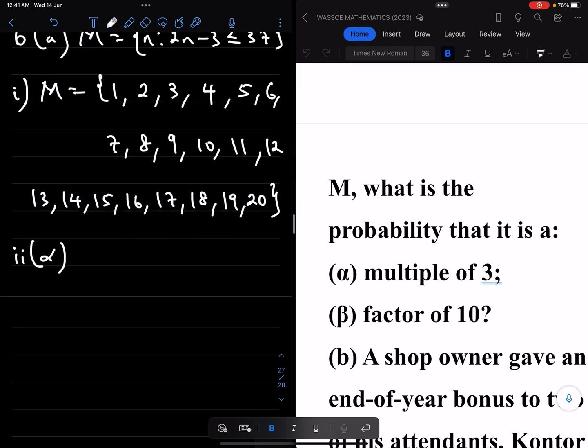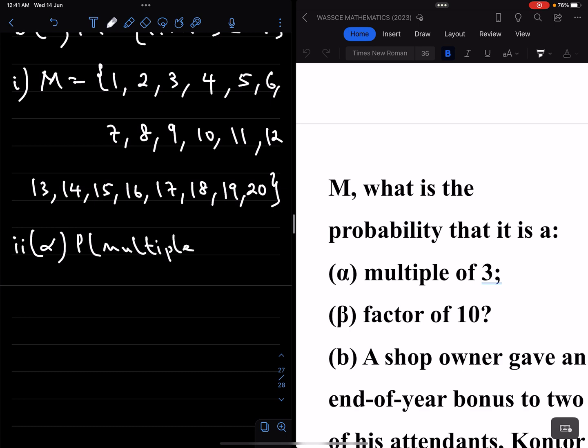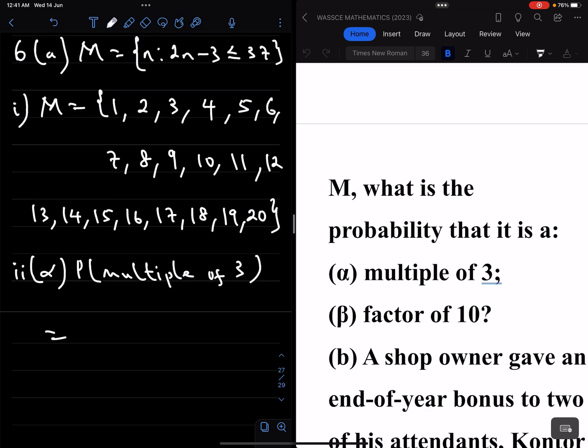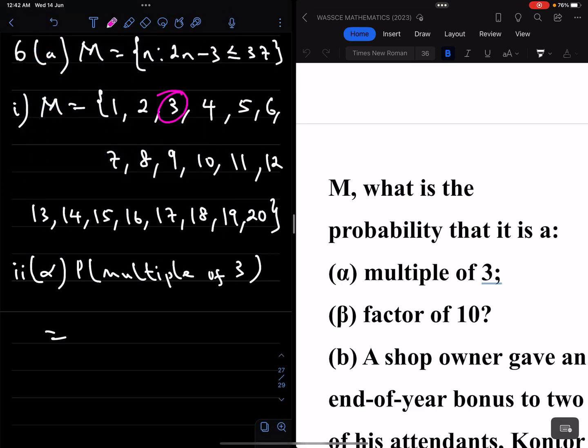Now the set M, let's see. So the probability that any number chosen, let me just write that, probability of a multiple of 3 will be equal to the number of elements of the set M that are multiples of 3, and that's going to be 3 itself, 6, 9, 12, 15, 18.